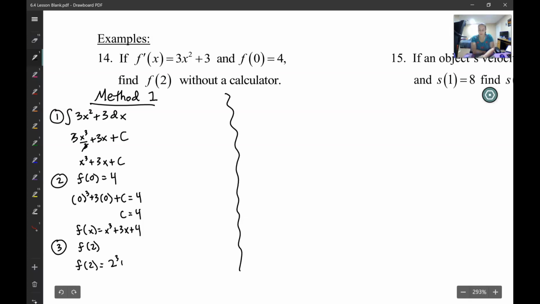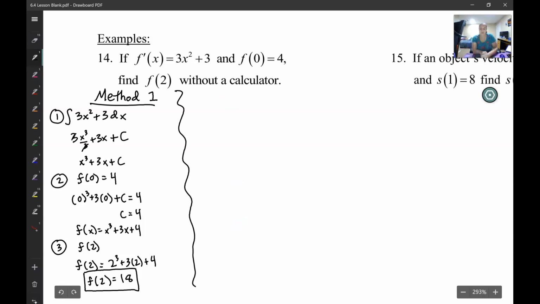So 2 cubed plus 3 times 2 plus 4. So f of 2 is going to equal 18. So that's method 1, and that's just using everything we have already learned how to do. Find the antiderivative, find c, and then actually find f of 2.